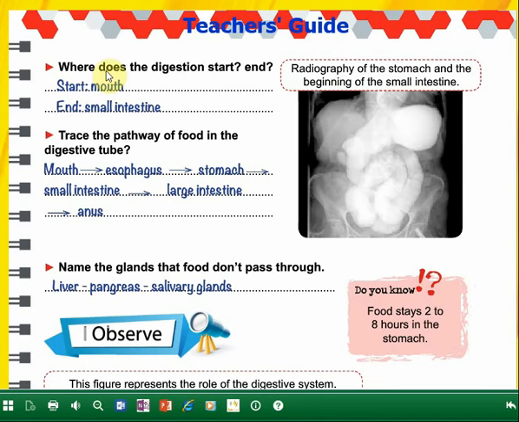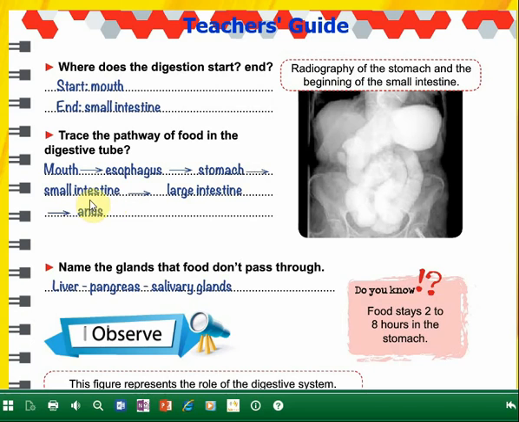Here we are going to indicate where digestion starts and ends. As I told you, digestion starts in the mouth and ends in the small intestine. We are going to trace the pathway of food in the digestive tube. This is very important. The pathway of food passes from the mouth through the esophagus to reach the stomach.